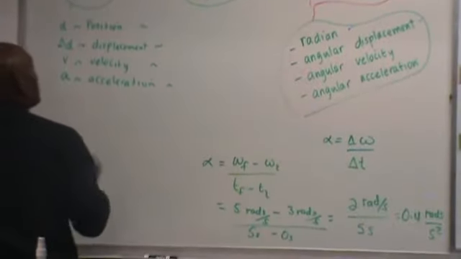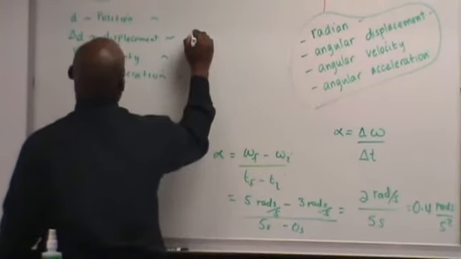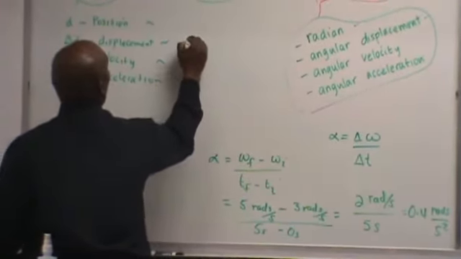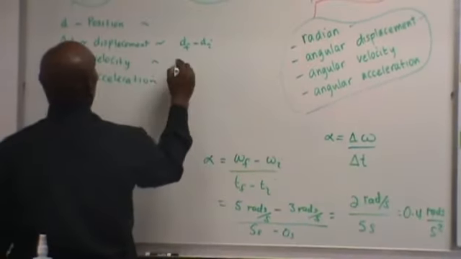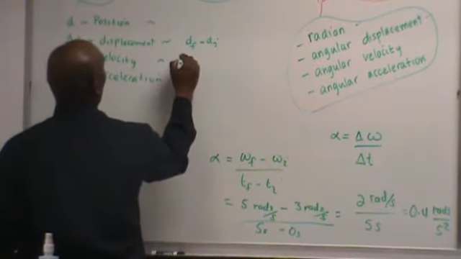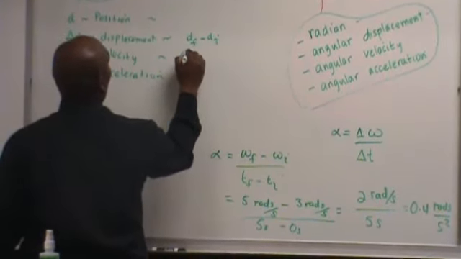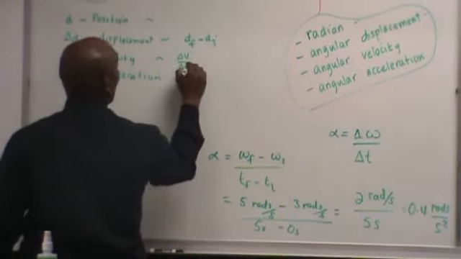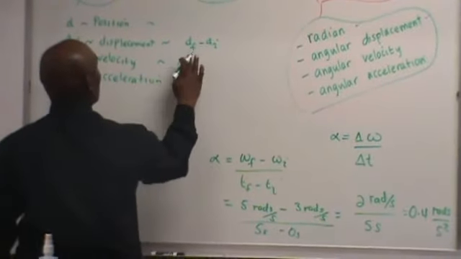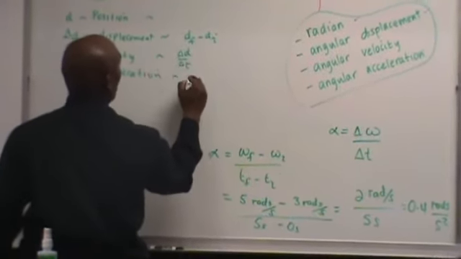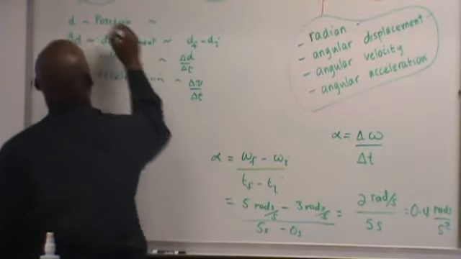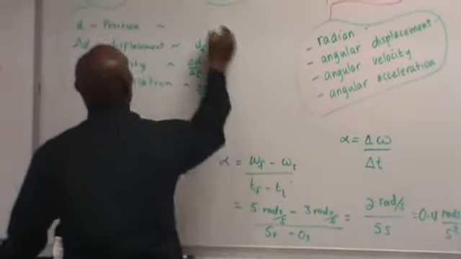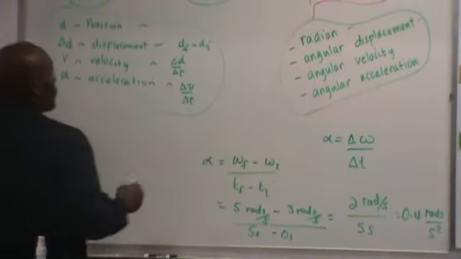Displacement is final minus initial. Velocity is changing position over changing time, and acceleration is changing velocity over changing time. That's all linear stuff. Right?